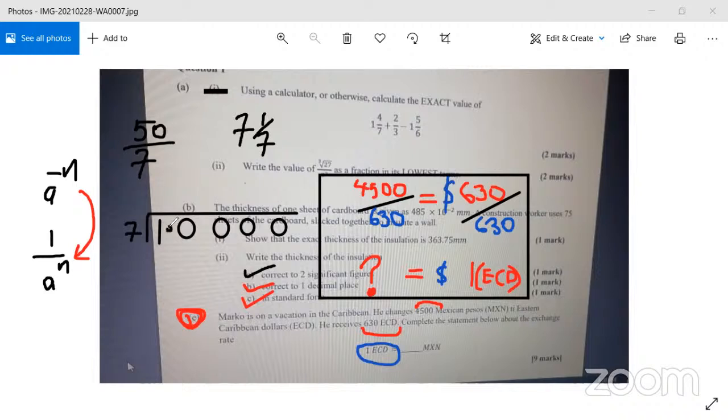And of course, we'll have a decimal point here, right? And then of course, we'll have the multiples of 7.